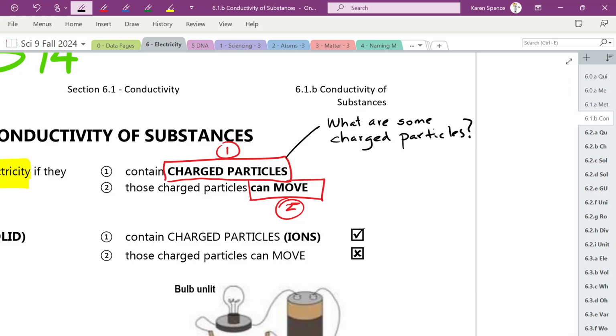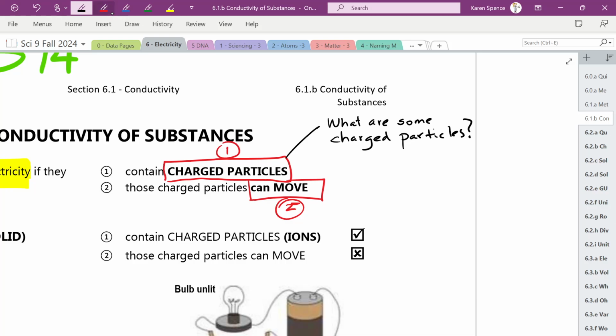If you are not talking about charged particles, then your mouth is shut. Do we understand each other? What are some charged particles?